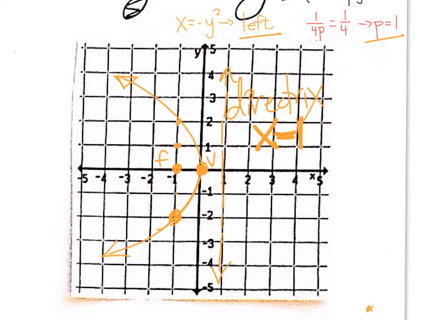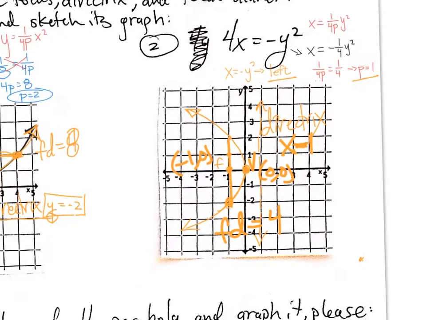And the coordinates of the focal point are negative 1, 0, and the coordinates of the vertex are 0, 0. Oh, and the focal diameter is 4, the width of the parabola.